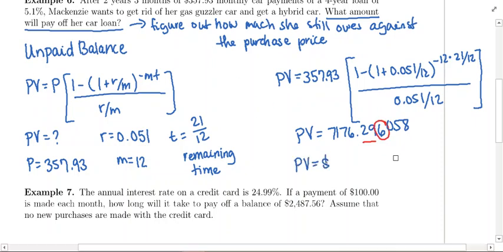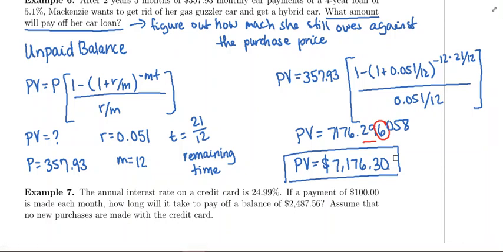So Mackenzie still owes $7,176.30 on her car. That's how much she needs to pay her loan company to pay off the loan. Again, this is the amount still owed against the purchase price, whatever that may have been.